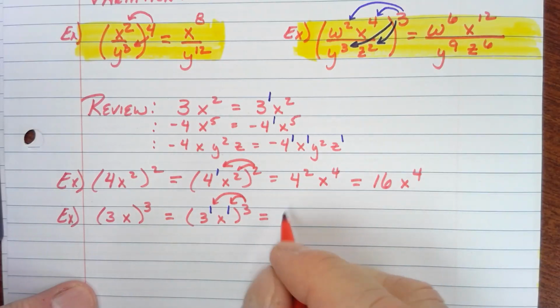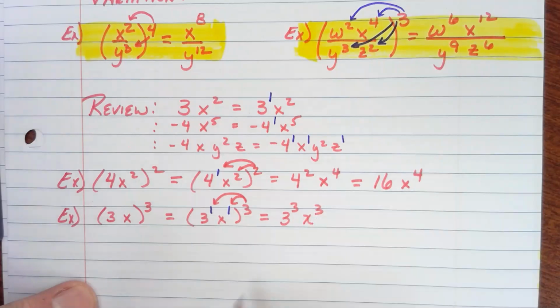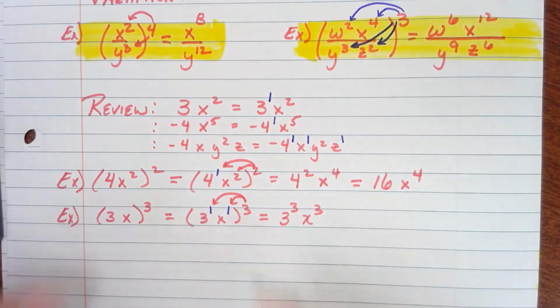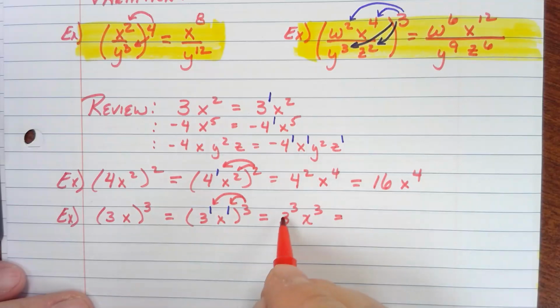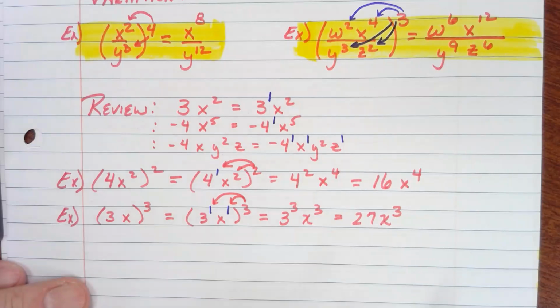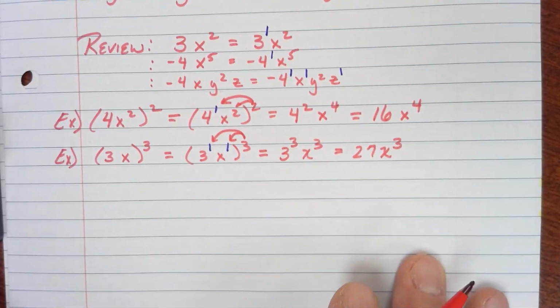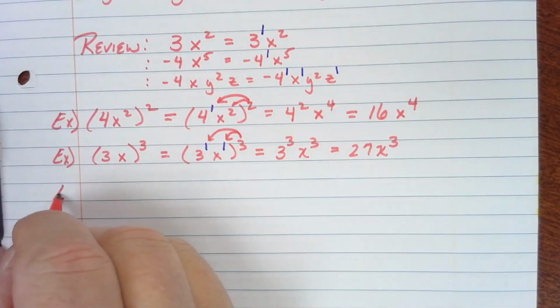I've been doing it too long. 1 times 3 is 3. 1 times 3 is 3. Students will do it to the x, but they won't do it to the base. 3 cubed is 27, and x cubed stays as x cubed. Are we okay here? Everybody all right with this? Speak now or forever hold your peace.